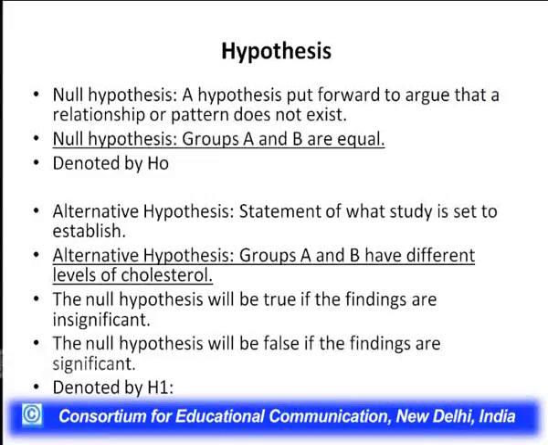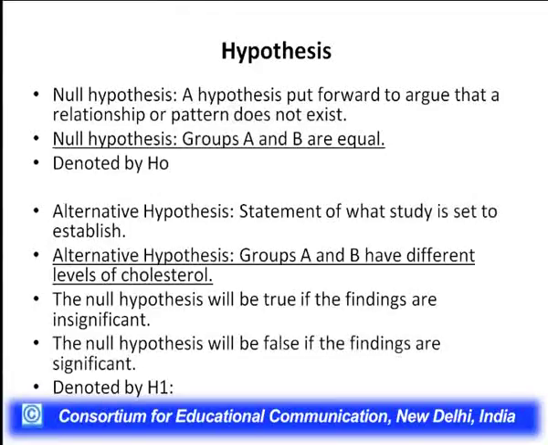Now, sometimes you might have encountered the null hypothesis, and the null and alternative hypotheses. A null hypothesis is put forward to argue that a relationship or pattern does not exist. For instance, group A and group B are equal. The sign is H0, with the subscript.